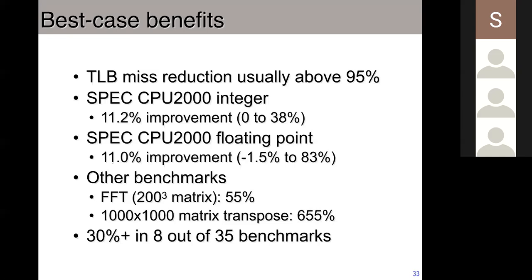The point is to be intellectually honest, to say that here's a system and we know where it works and where it doesn't work. And that's useful because if somebody wants to use your system for their workload, they will know whether your solution is a good choice for that or not, right? But generally they said, for 8 out of the 35 benchmarks, they got more than 30% improvement, which is a pretty good number, right?